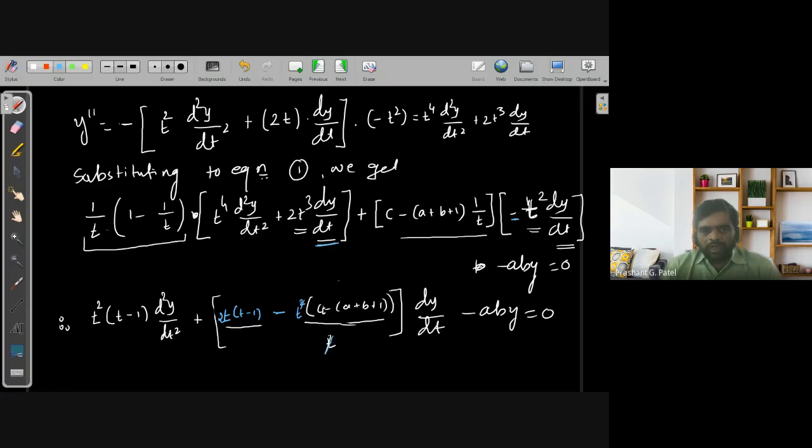This 1 t is cancelled with this one because you take the denominator. Now if you multiply this will be 2t square minus 2t minus, and 1 t I am taking common, so that's why this 2t does not come.